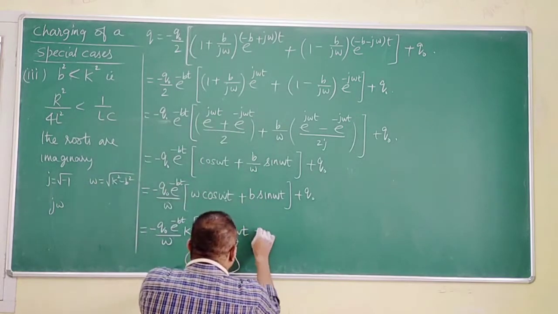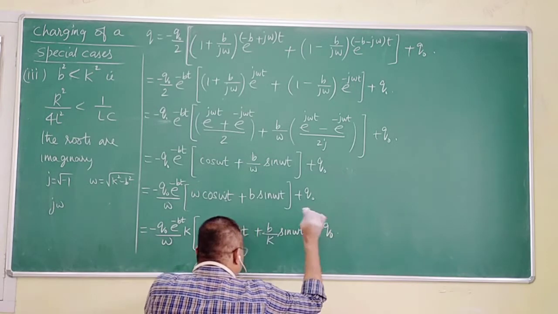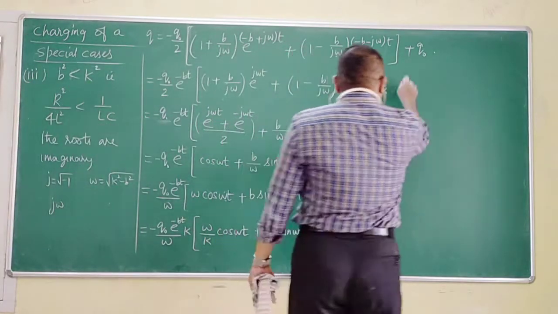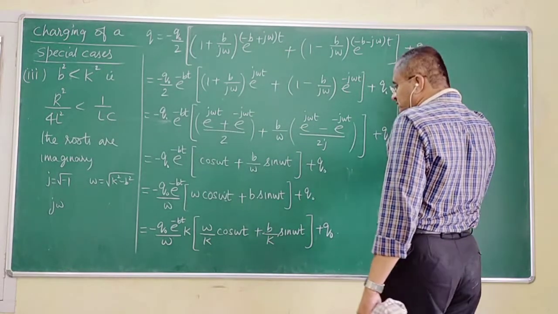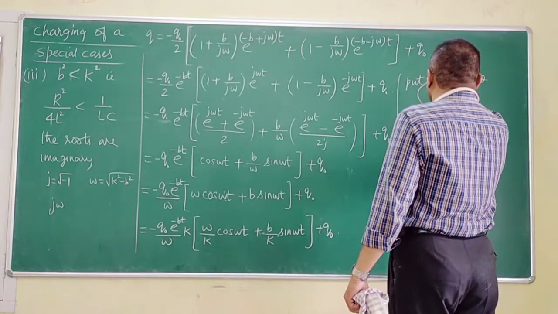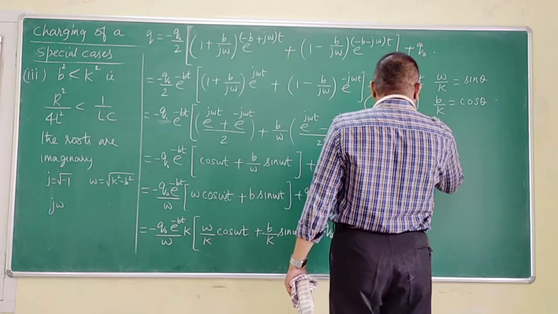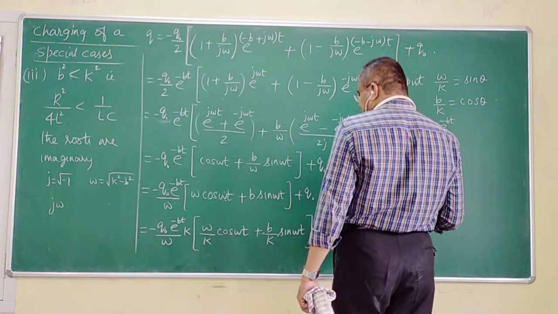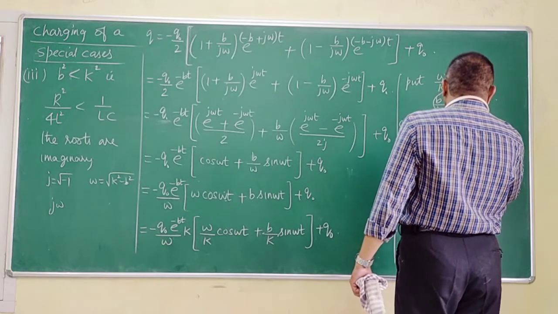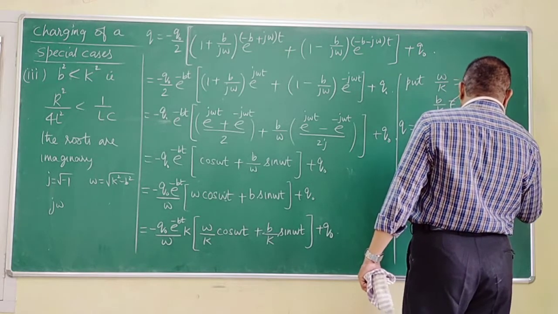Plus b by k sin omega t plus q naught, minus bt into k by omega into cos omega t sin theta plus sin omega t cos theta.